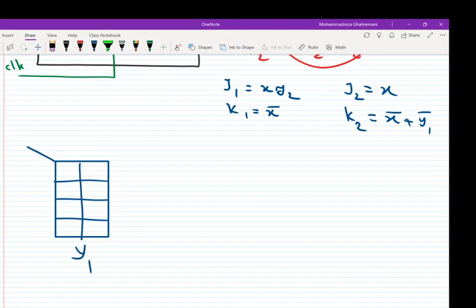So the input is x and the present state is y1 y2. So y1 y2 is 0 0, 0 1, 1 1 and 1 0.